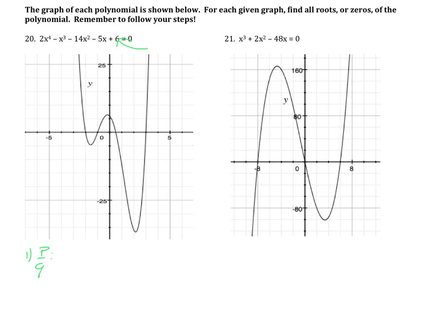So we're going to list out all of the factors of 6. Those would be plus or minus 1, plus or minus 2, plus or minus 3, and plus or minus 6. Those factors will be over the factors of Q. Q is the leading coefficient. In this case, on number 20, that leading coefficient is 2.